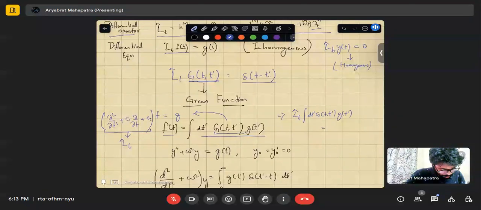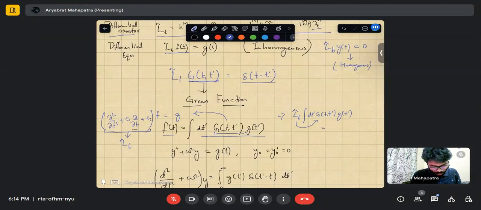Here you can see I can take this differential operator inside the integral, because the integral is only with respect to the variable t prime, while t is the other variable, our independent variable. I can take it inside because L of t contains derivatives with respect to t only.